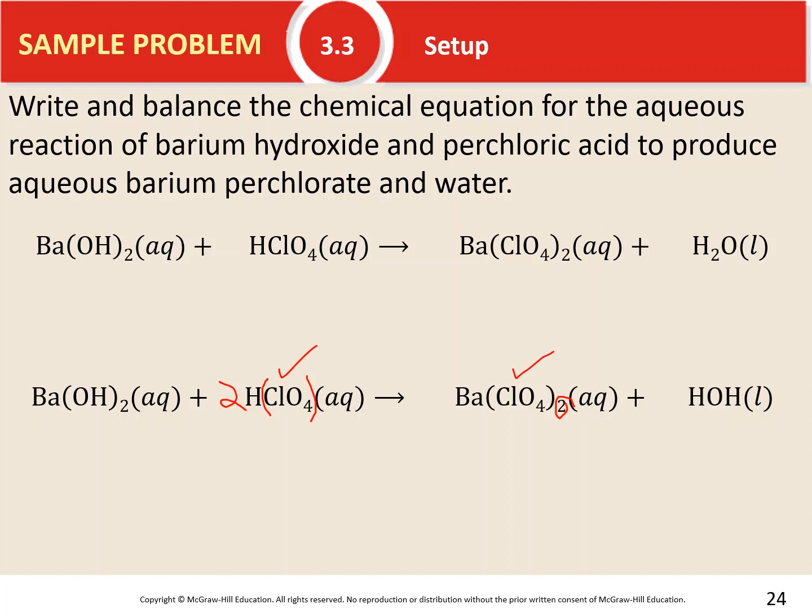So if I have 2 hydrogen here, well, gosh, over here, I only have 1 hydrogen. So if I throw a 2 in front of it, now I have 2 hydrogens, okay? Well, that 2 in front of the HOH applied also to that understood hydroxide. If I have 2 hydroxide over there, oh wait, I already have 2 hydroxides over here.